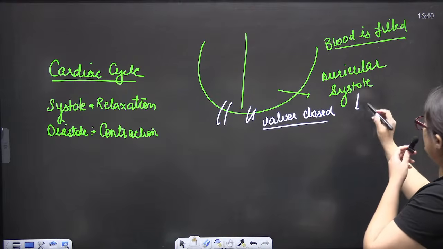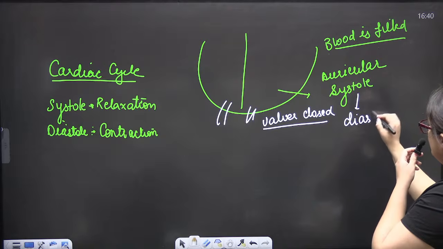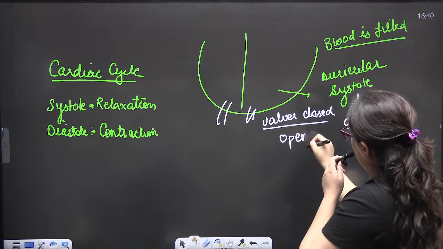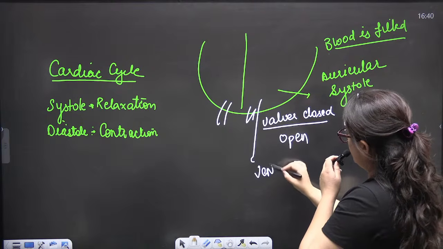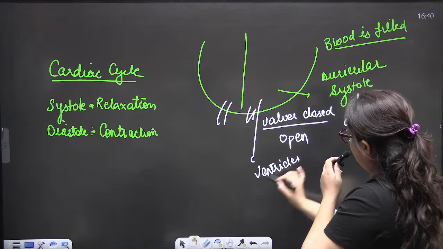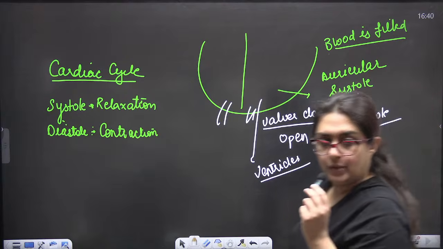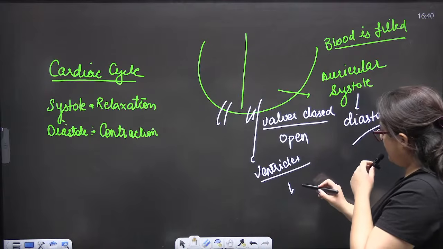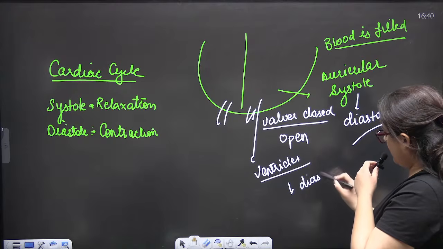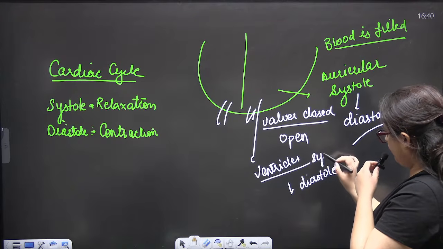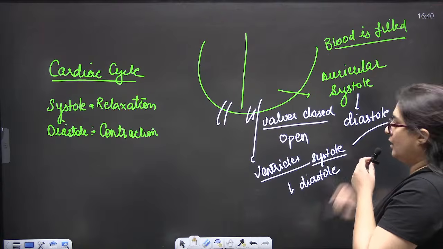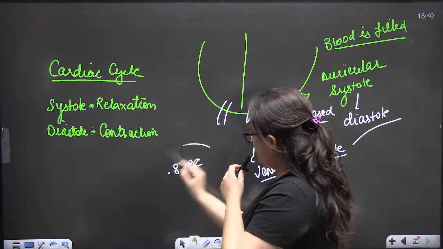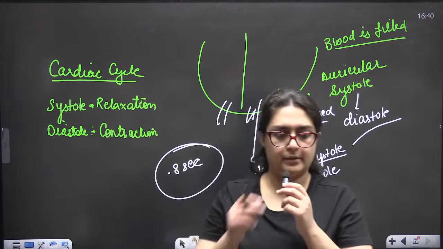Now when auricular systole occurs, valves open, blood enters into the ventricles. Then ventricular systole will occur. This whole cardiac cycle will complete in 0.8 seconds. Okay, done.